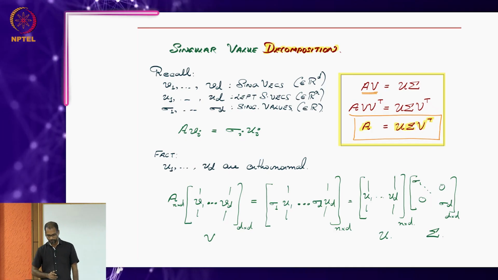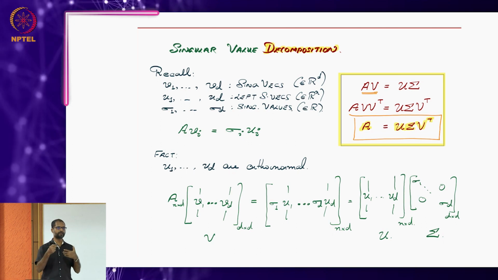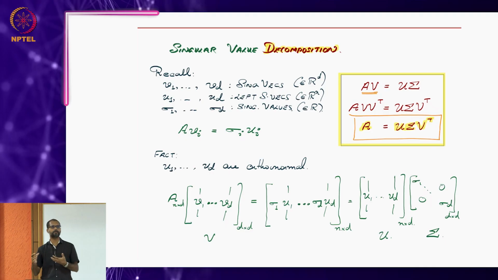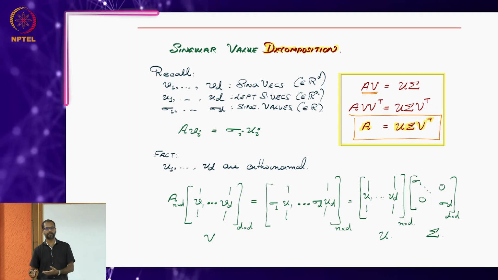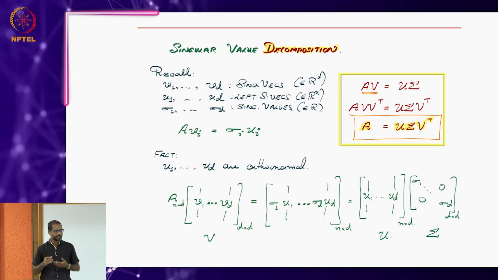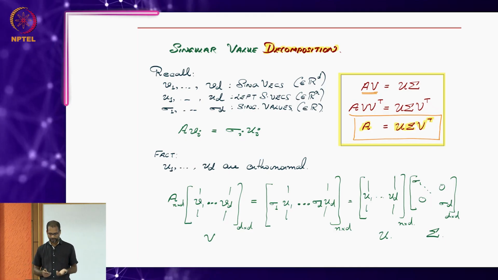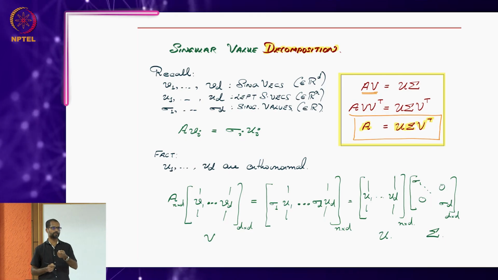Now this is again a view of matrix multiplication, which if you haven't thought of it before, we talked about matrix times column vector multiplication. But now how do you view matrix multiplication when both A and capital V are matrices? You can do it column by column of V, because each column of V is a column vector, so it becomes a matrix column vector multiplication.